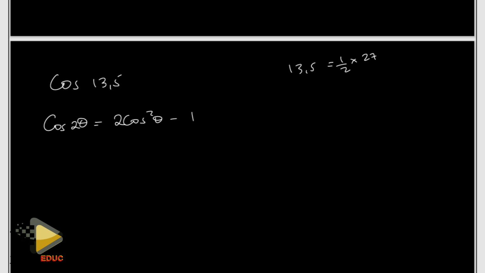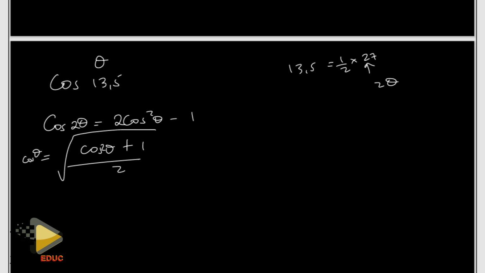Then I'm going to take this to be my theta. 27 is going to be my 2 theta. So it's going to be cos 2 theta plus 1 over 2 under the square root, so that I get cos theta alone. So when I do the substitution, it's going to be cos 27 plus 1 over 2 under the square root.